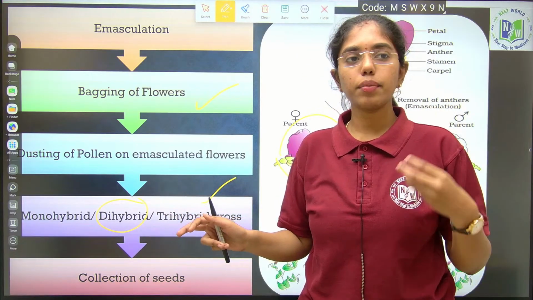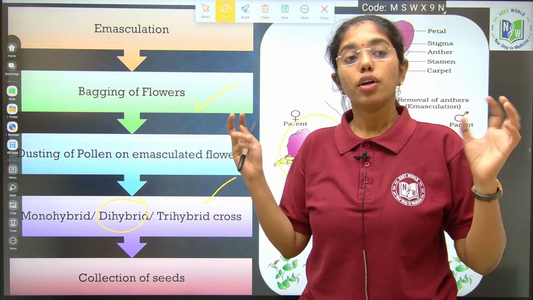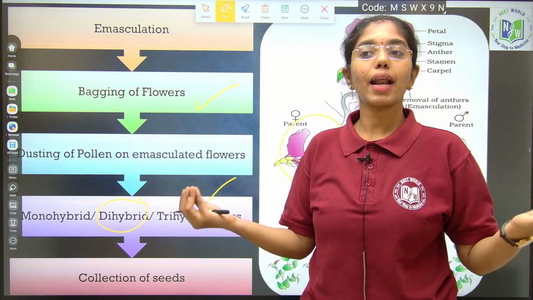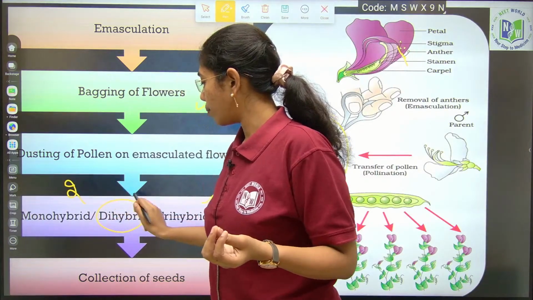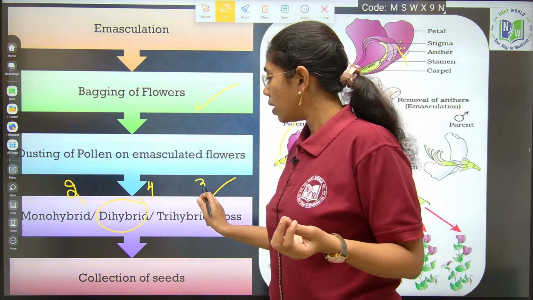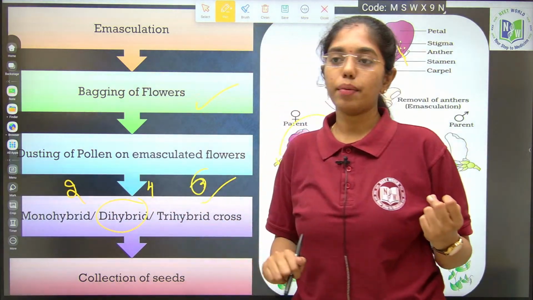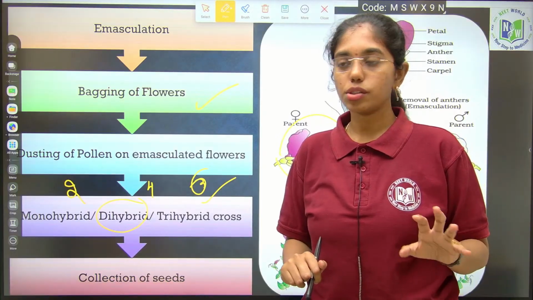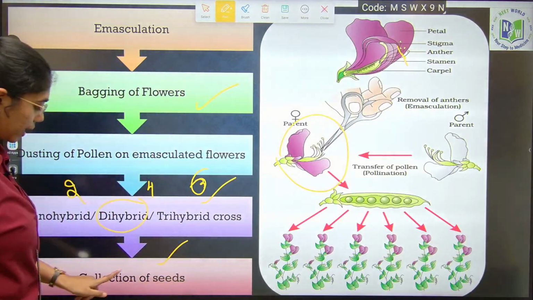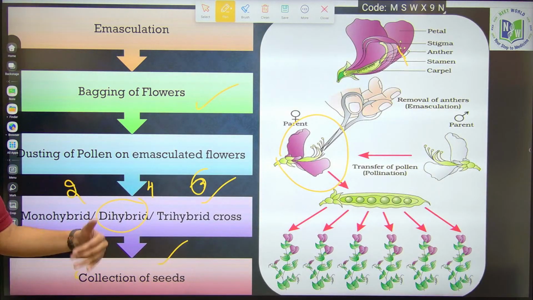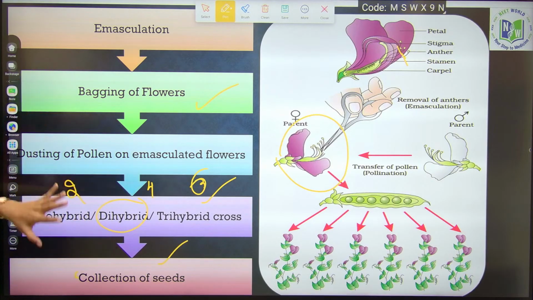Trihybrid or tetrahybrid, any cross if you want, you have to look into the number of varieties that you are taking. 2 varieties, then it is a monohybrid cross. 4, it is dihybrid. 6, it will be a trihybrid cross. Clear? Understood? After crossing, you will get the seeds, collect the seeds, and proceed to the next generation. This is the sequence of artificial hybridization.